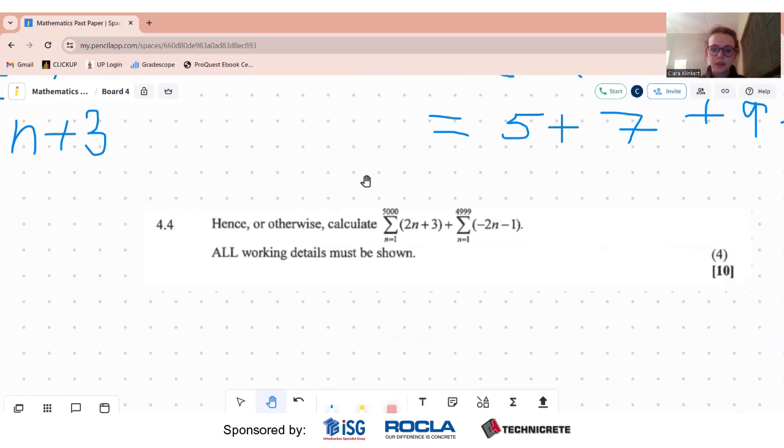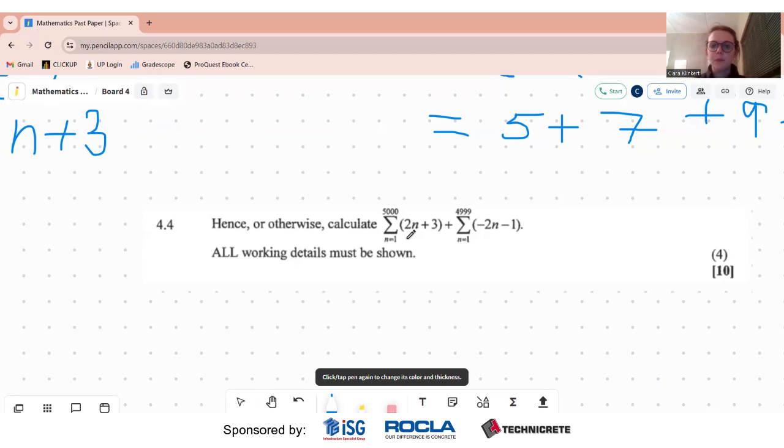Hence or otherwise calculate the sum from n is equal to 1 to 5,000 of 2n plus 3, a sequence with that formula, plus the sum from n is equal to 1 to 4,999, where the formula is minus 2n minus 1. Just a warning, they love asking this question.